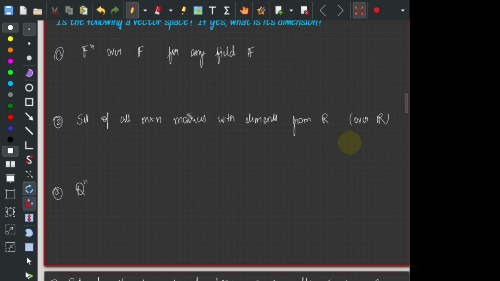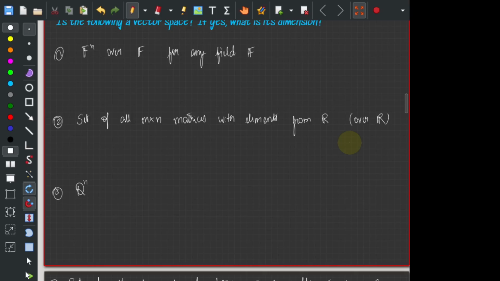If I add two m by n matrices, what do I get? Another m by n matrix with elements from R. Is addition commutative? It is. Addition of two matrices is commutative. Is it associative? Yes. Does there exist a zero vector? What is it? It is the zero matrix. And does the additive inverse exist?